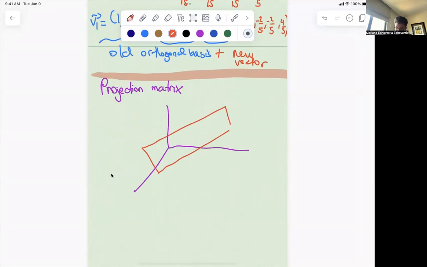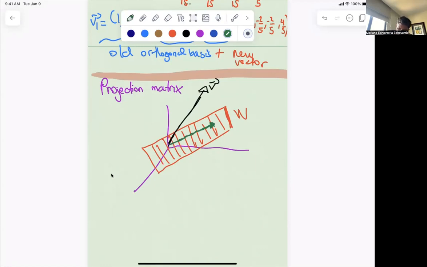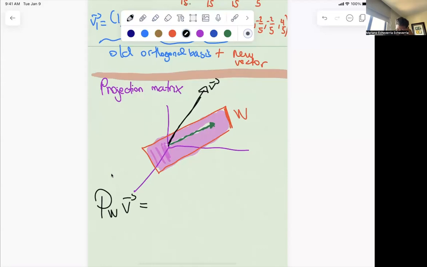You have a vector space W, and a vector which you can call V. The projection of V onto W is going to be the shadow that you see here on the picture.